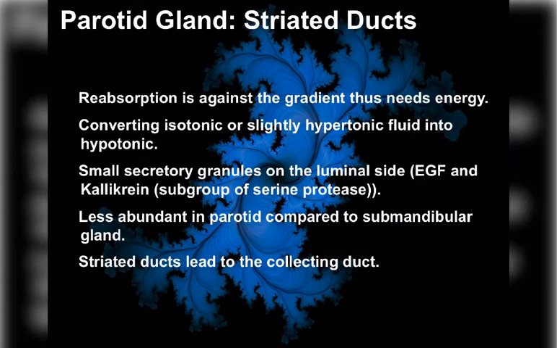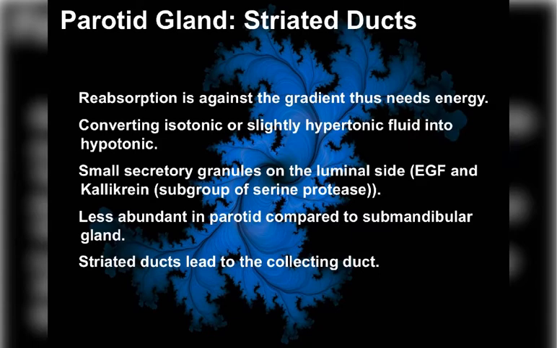Small secretory granules on the luminal side of these cells. These secretory granules contain epidermal growth factor and kallikrein, which is a subgroup of serine proteases. The striated ducts in the parotid are less abundant compared to the submandibular gland.